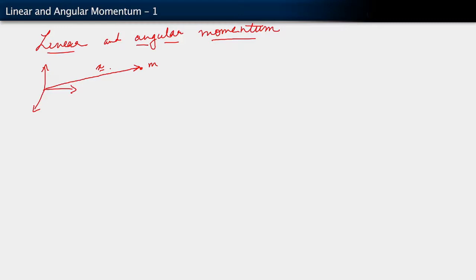Let's go ahead now and write out the quantities of interest here. Let's suppose that this particle is moving. It has that velocity vector, that is its spatial velocity. We'll start out by writing its linear momentum.